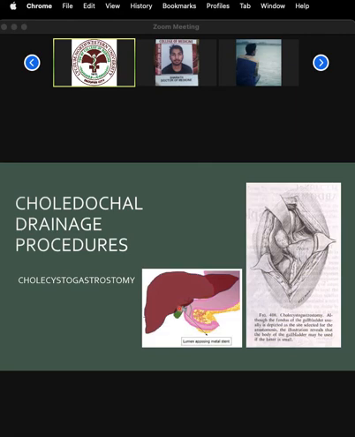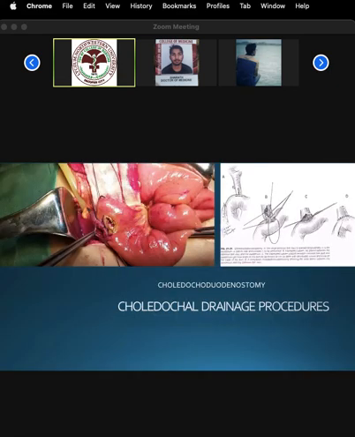So we may either do a cholecystogastrostomy, anastomosing the gallbladder with the stomach, okay, as illustrated, or a choledochoduodenostomy, okay, anastomosing the common bile duct with the duodenum, okay, in a side to side fashion.